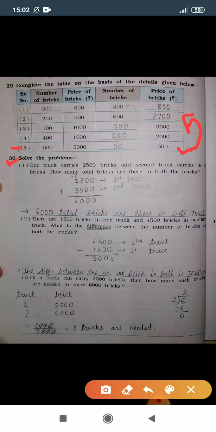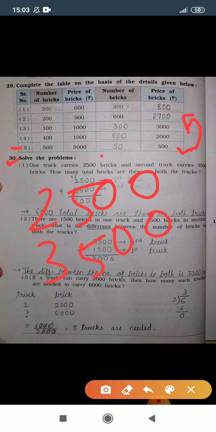Let's see question number 30. Solve the problems, that means word problems. One truck carries 2500 bricks and the second truck carries 3500 bricks. How many total bricks are there in both the trucks? So now you can see here, in the first truck 2500 bricks were there and in the second truck 3500 bricks were there.